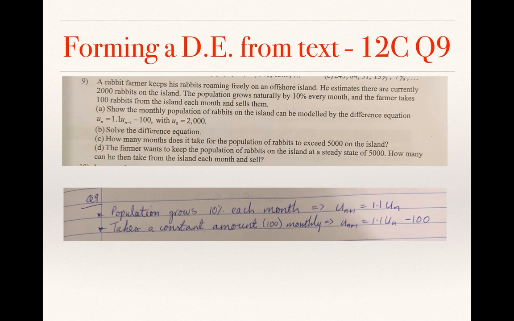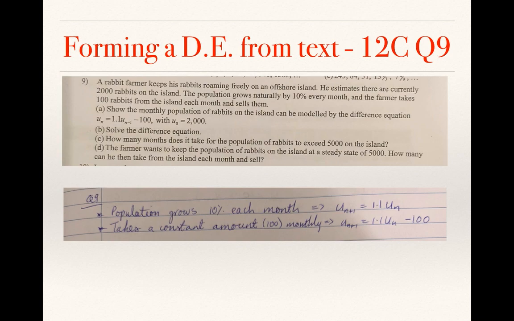So that's a constant amount, so that's my c value. So I'm going to subtract off 100 as my c value from the difference equation. So the first star there is the simplest description of what's going on, and then adding in the extra information gives me the difference equation u of n plus 1 is equal to 1.1 of u of n minus 100.